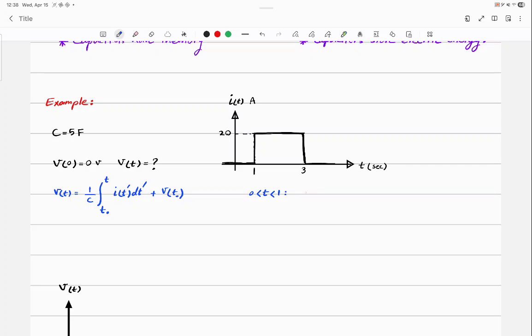Can you tell me what V(1) is based on that integral? 1 over 5. What is t0? 0 to 1. What is the current between 0 and 1? 0. What is the initial value? 0. So that comes out to 0.